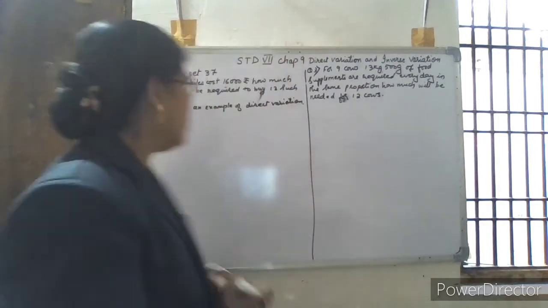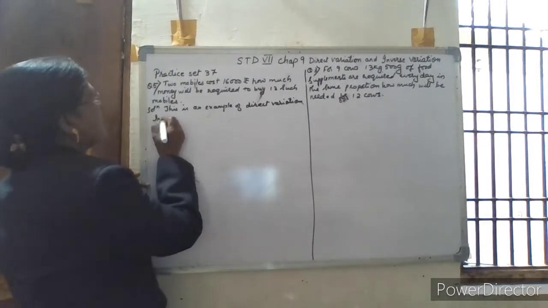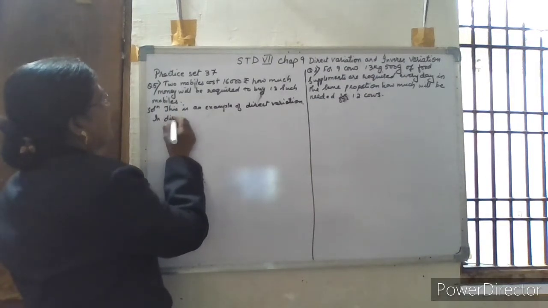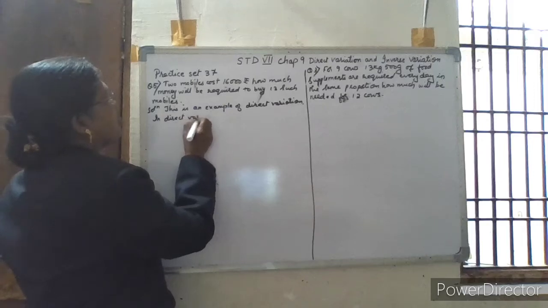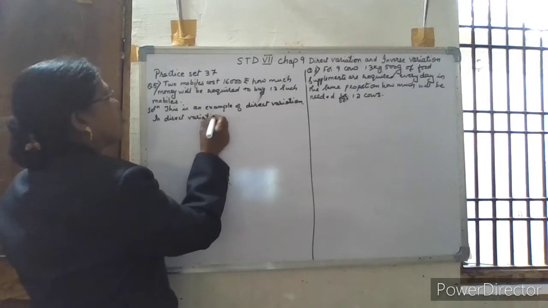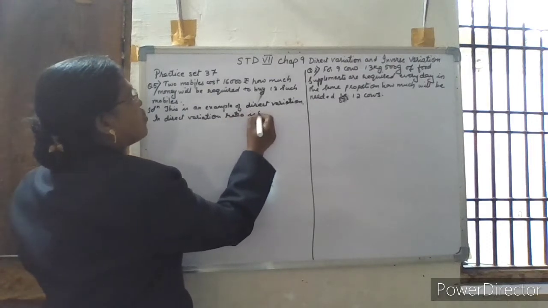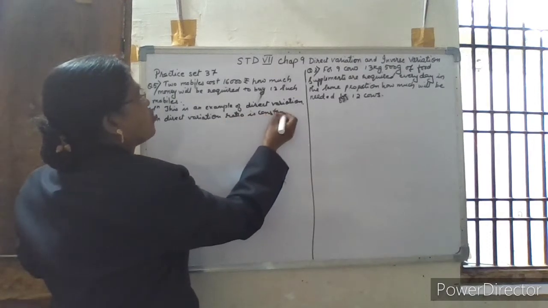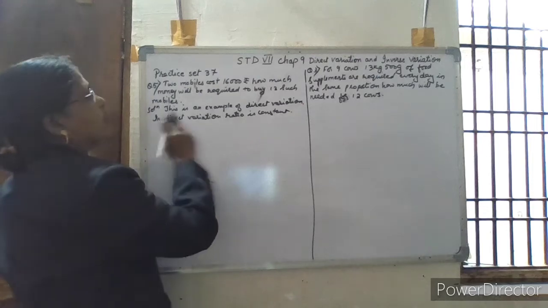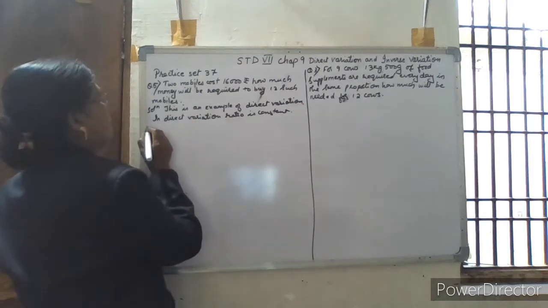Therefore, the ratio of every pair is constant.